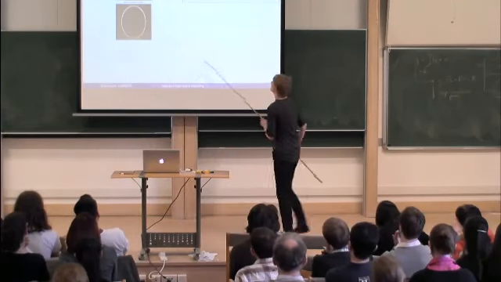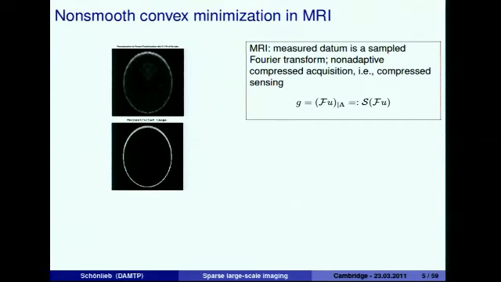So again, you cannot see it really, but what we do is we look at the Shepp-Logan phantom, and as we have heard in the lectures during these last days, what we have usually in magnetic resonance imaging, the data that we measure are sampled Fourier coefficients of the image function u that I want to reconstruct.